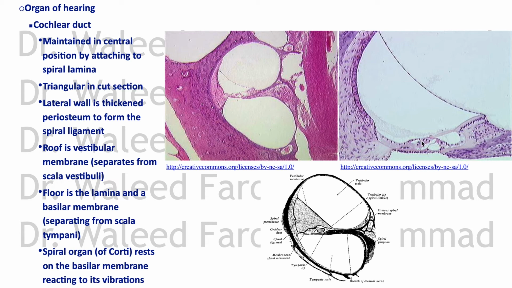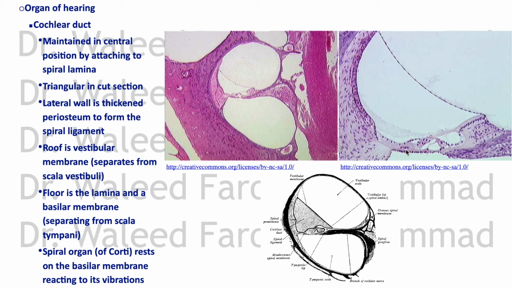And on top of the basilar membrane is the organ of Corti, the organ of hearing, in which you can see a tunnel here. This is called the tunnel of Corti. This is the tectorial membrane, a fixed membrane, against which hair cells with processes get compressed when the basilar membrane vibrates.